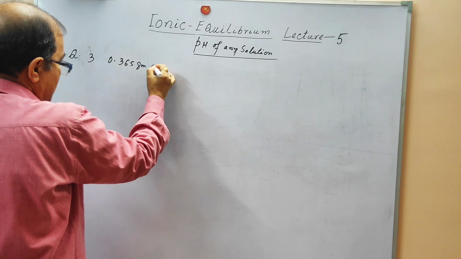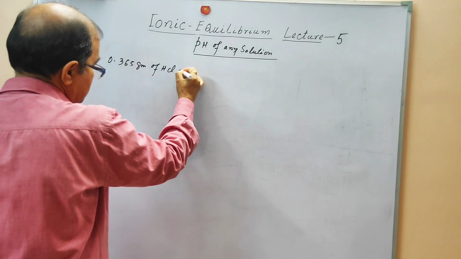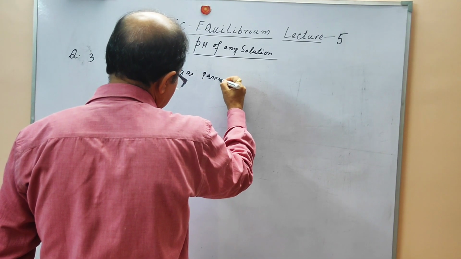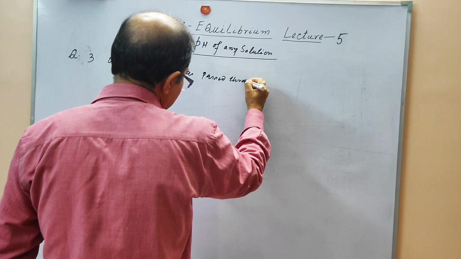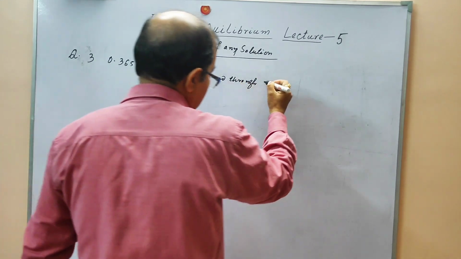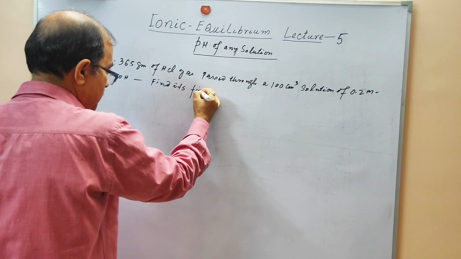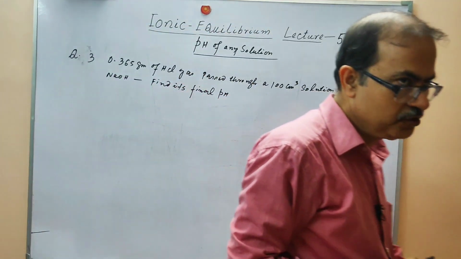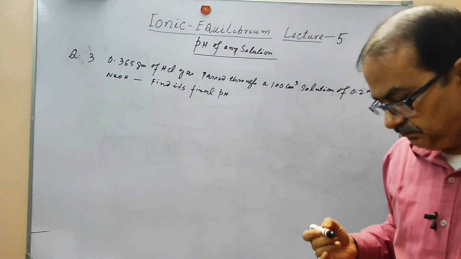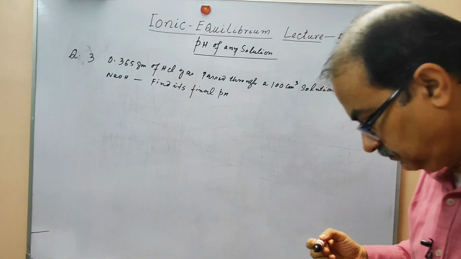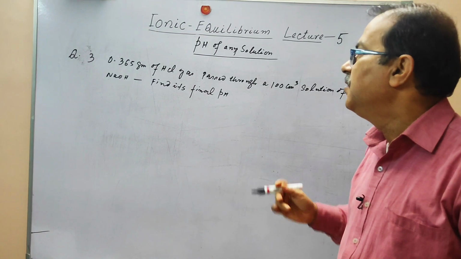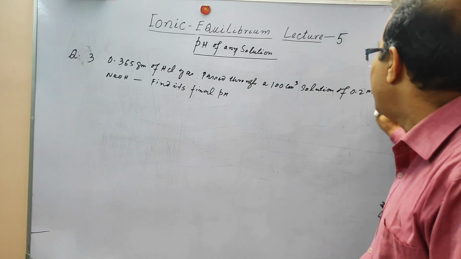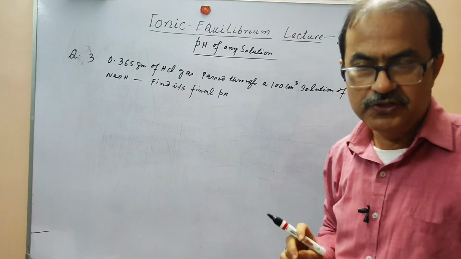0.365 gram of HCl gas is passed through a solution of NaOH. You have to calculate the final pH. What is going to happen here, when acid is passed through a solution of 2 moles of NaOH?